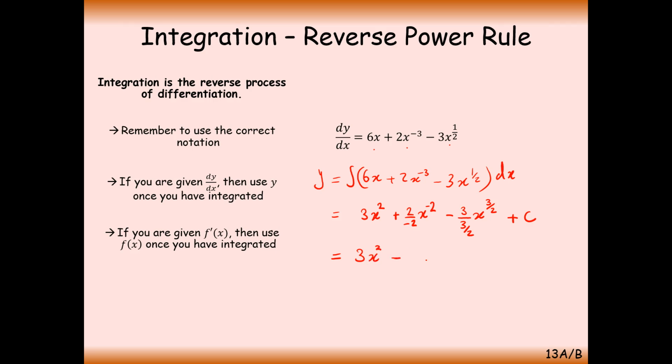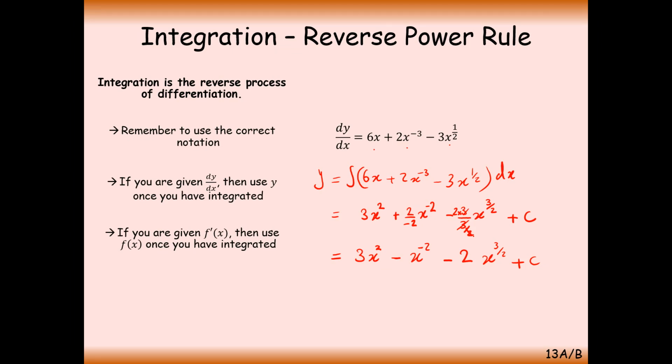This becomes simply a minus x to the power minus 2, and dividing by 3 over 2 is the same as multiplying by 2 over 3. So I could cross this 2 off and put the 2 on top of the fraction. And the 3 and the 3 will cancel away. So I will have simply a 2x to the power 3 over 2. And I won't forget the plus c, like so.